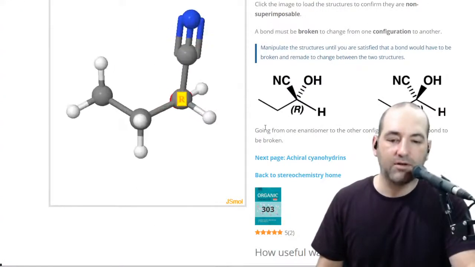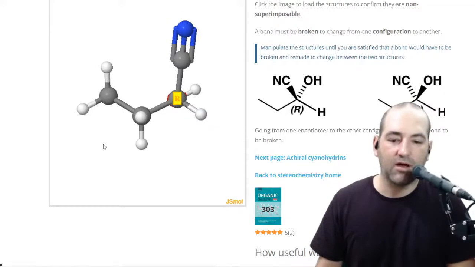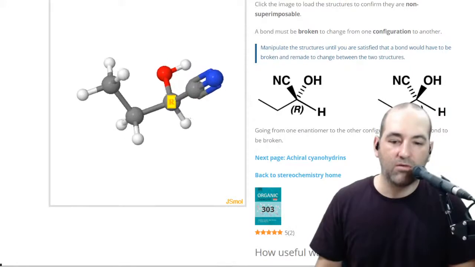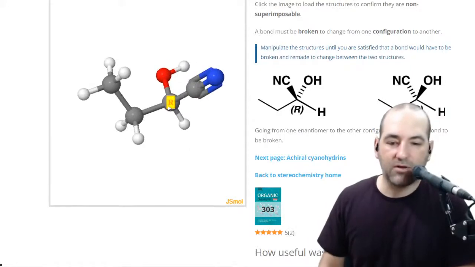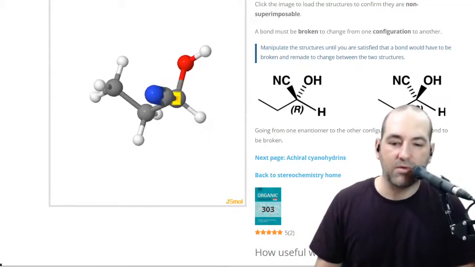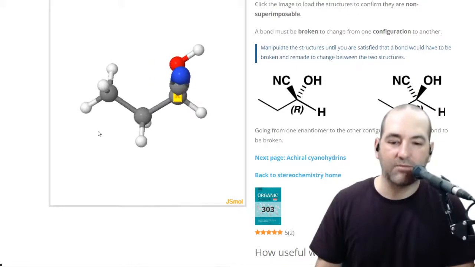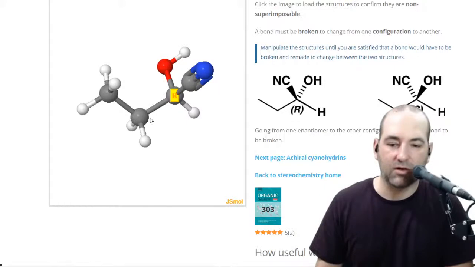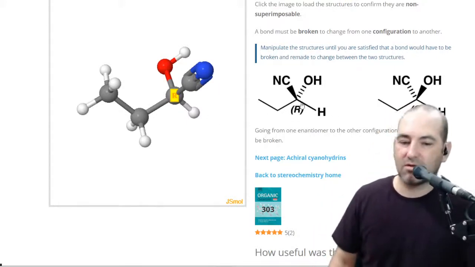So you've got a couple different molecules here. Don't worry so much about the R and the S designation yet. We'll get into that. But just focus on that carbon that is labeled. You can see this thing here is the CN or the NC, and then this red one is the OH. And you can see from the position there that the CN or NC is coming out toward us, and the OH is going back when the carbon chain has this position, going down, and then the H over to the right.